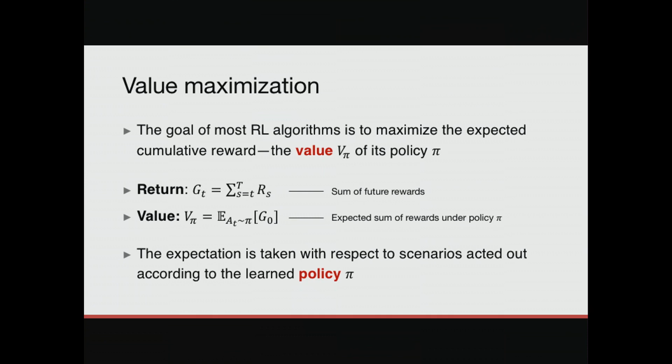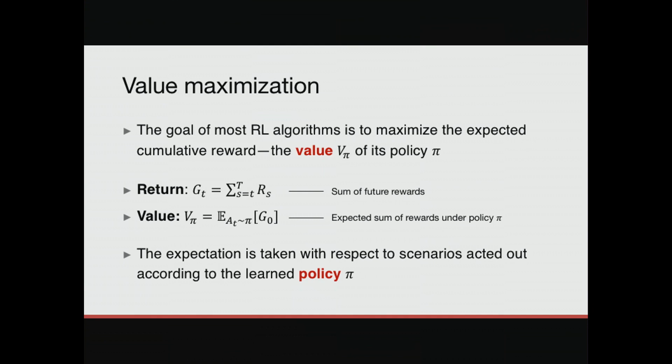There are many names for this, but essentially a policy that does well. The notion of well that we will be using in this lecture is that of a return. So the return at a time step t following the policy pi that I had before is the sum of the future rewards that we see if we were to act according to that policy.